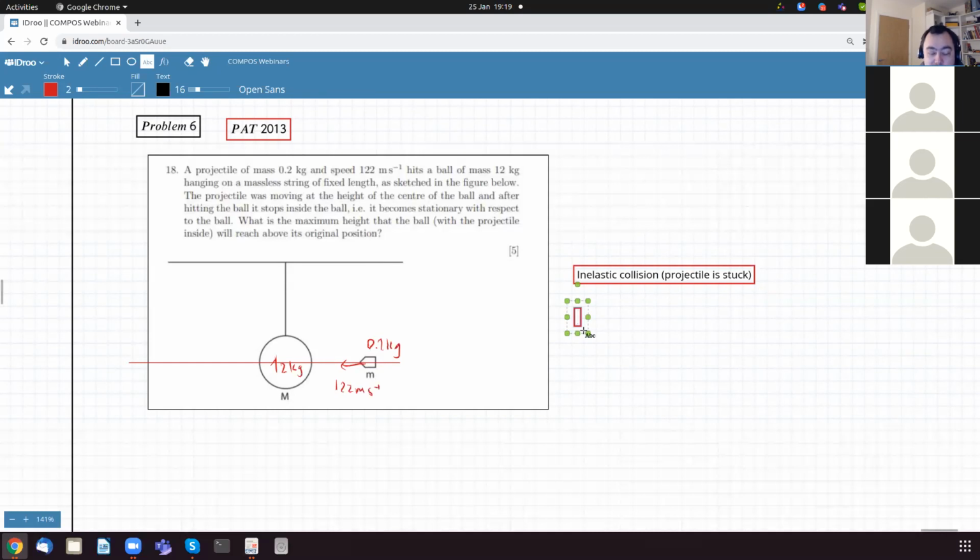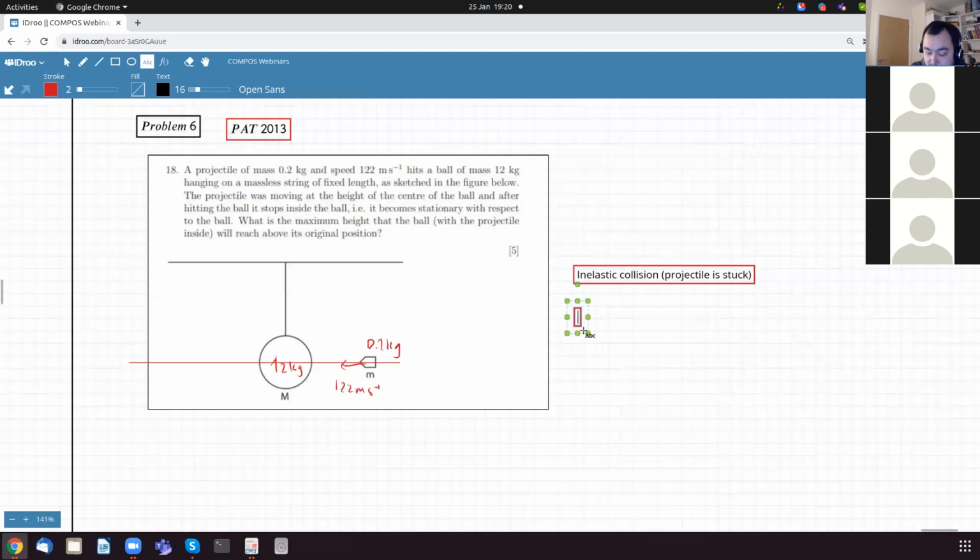We can't just say, oh, let's calculate the kinetic energy of the projectile, and then that will give us the gravitational potential energy of the ball when it rises. No, that's not true, because some of the kinetic energy goes into heat when they collide and stick together. Therefore, we can't just use kinetic energy for the calculation. We will need to use it eventually.